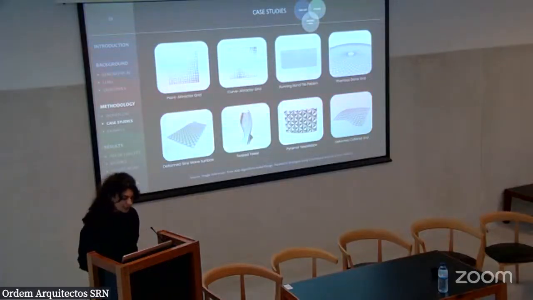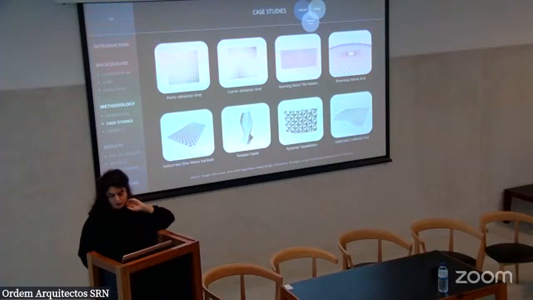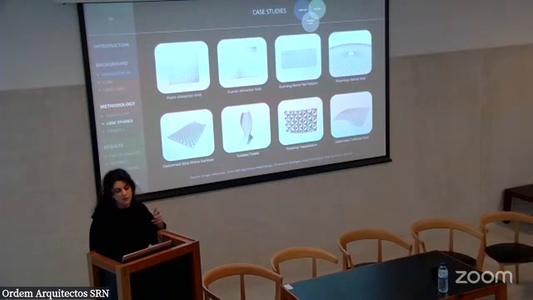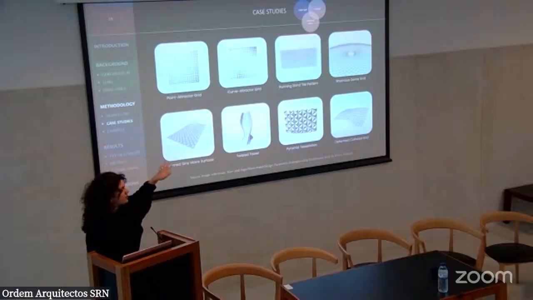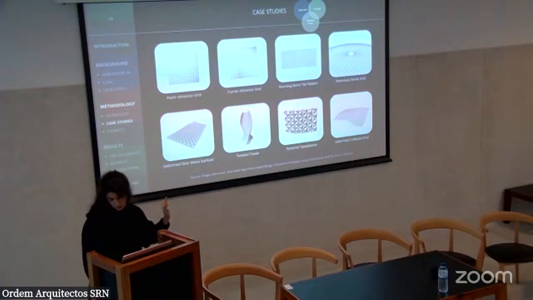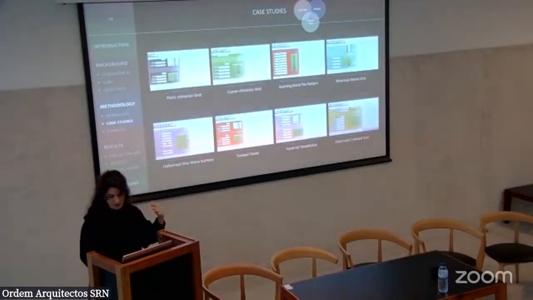In order to test that, we made 8 case studies that we took from Arturo Tedeschi's book about introduction into algorithmic design and Grasshopper. We tried to integrate them from a smaller to a larger scale of complexity. With each one of those, we translated them into Python code.